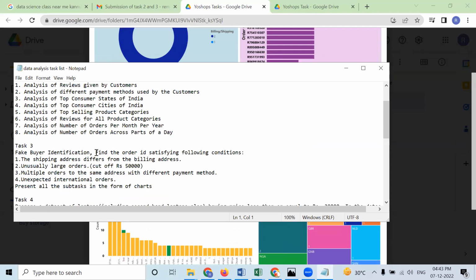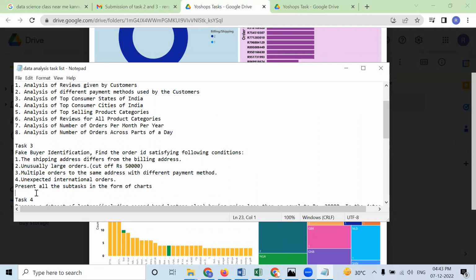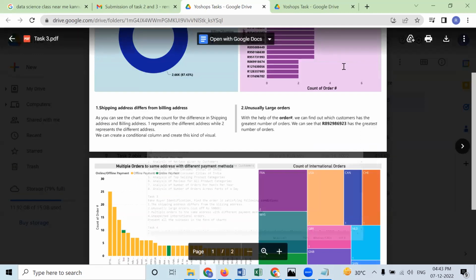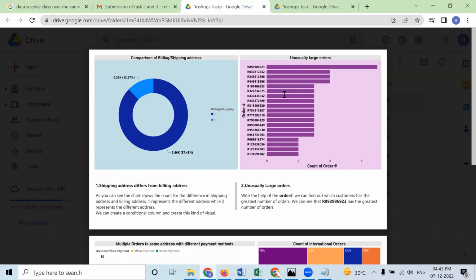Find the order ID. I have clearly mentioned it. Find the order ID satisfying the following condition. And present all the subtasks in the form of chart. So it should be in chart form as well as order ID should be there, like in this case. Okay, but these many large orders are not there. What is the cutoff that you have taken?